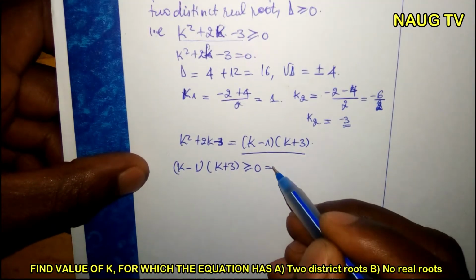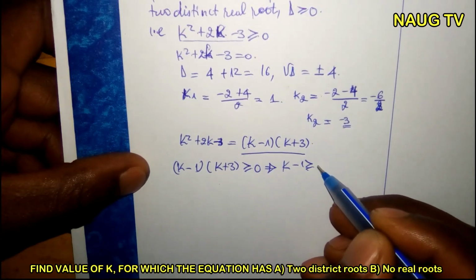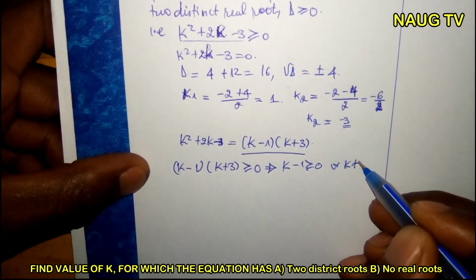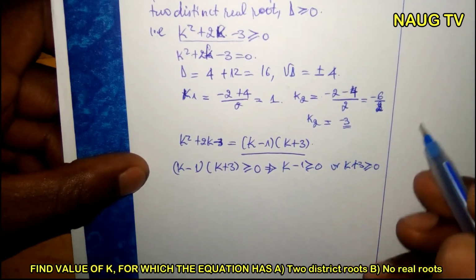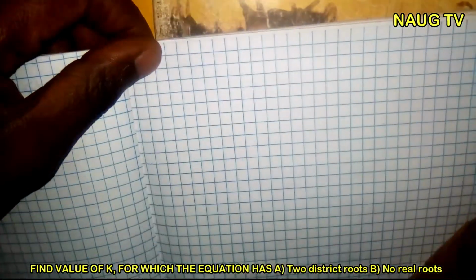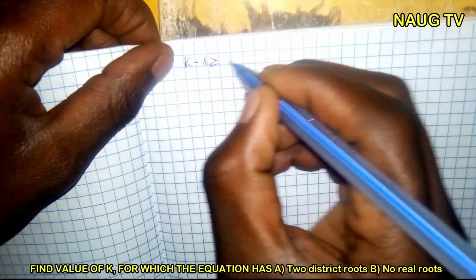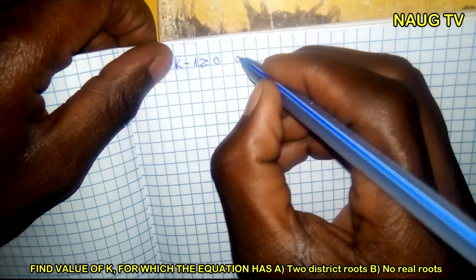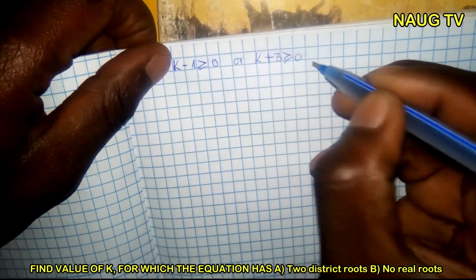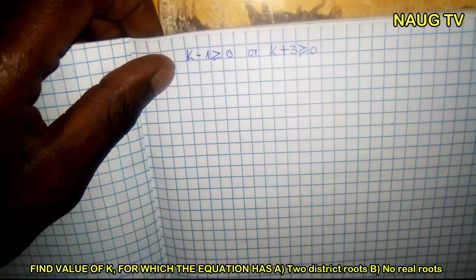And this would be equivalent to k minus 1 equal to or greater than 0, or k plus 3 equal to or greater than 0. Okay, now this will become k minus 1 greater than or equal to 0, or k plus 3 greater than or equal to 0.